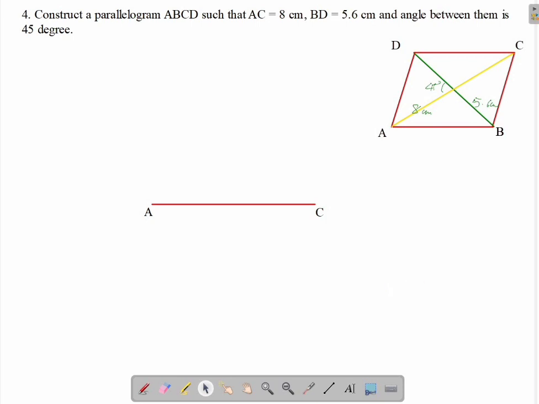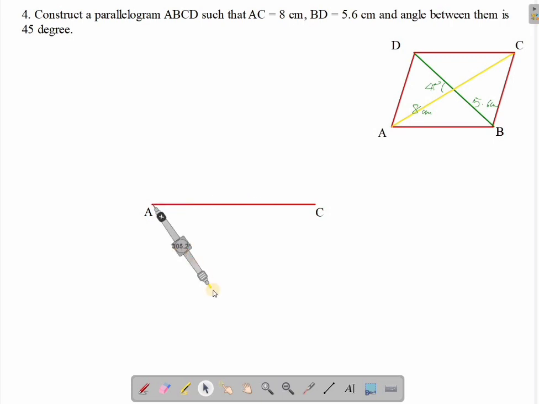Again, we will draw the perpendicular bisector. As I said, for drawing perpendicular bisector, you have to take measurement greater than the midpoint. Midpoint will be at 4 centimeter, so we will make it around 5 centimeter. Okay.